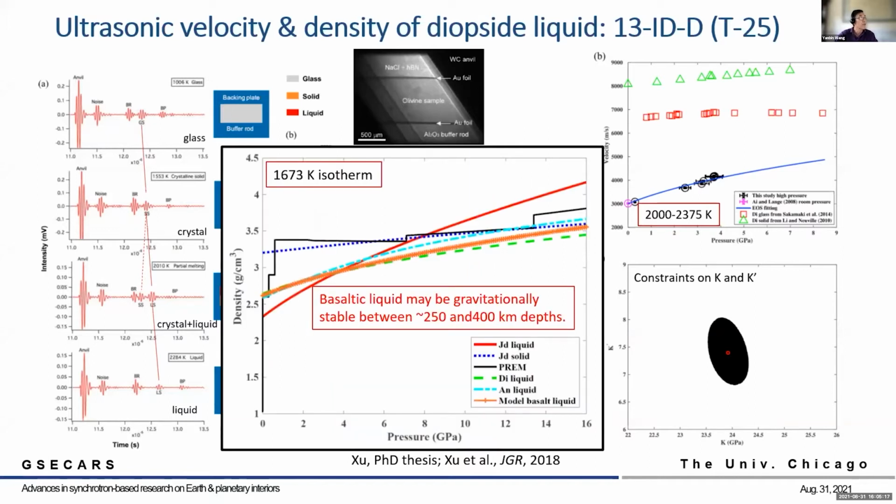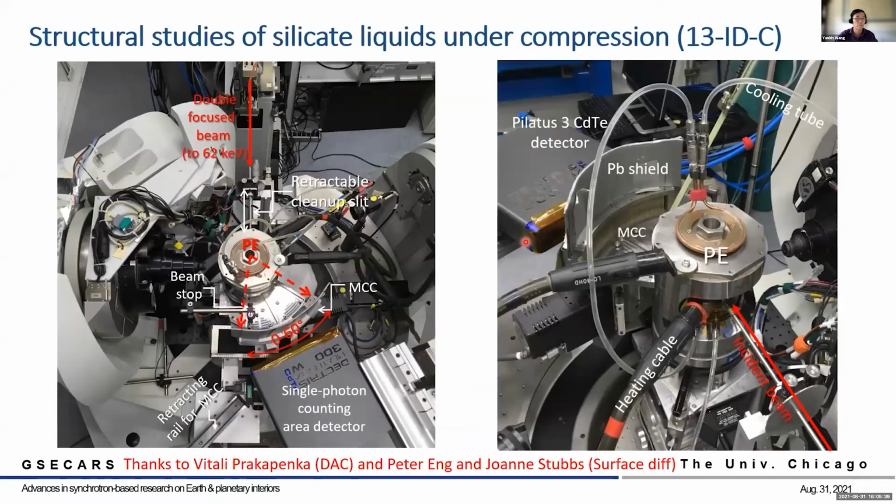Combining the diopside liquid data with the previously shown jadeite data to represent basaltic melt, the study by Xu et al. suggests that basaltic liquid around 250 and 400 kilometer depth may be gravitationally neutral. So they may be stable at this depth.